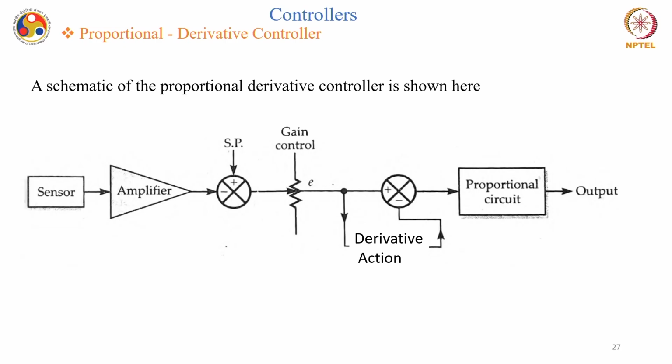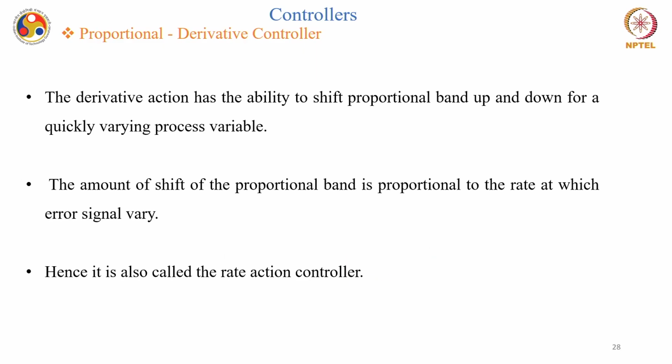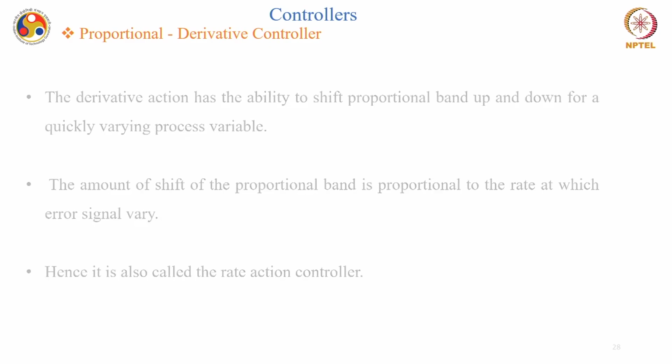You can see that along with the proportional circuit, I have a derivative action in place. The derivative action has the ability to shift the proportional band up and down for a quickly varying process variable. The amount of shift of the proportional band is proportional to the rate at which the error signal is varying. Therefore, it is also known as a rate action controller.